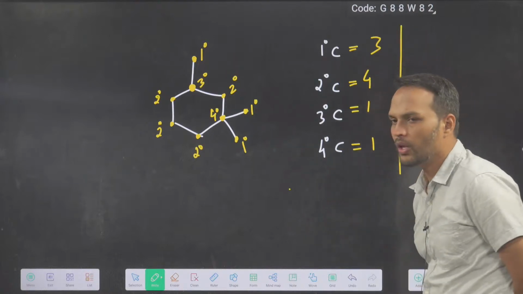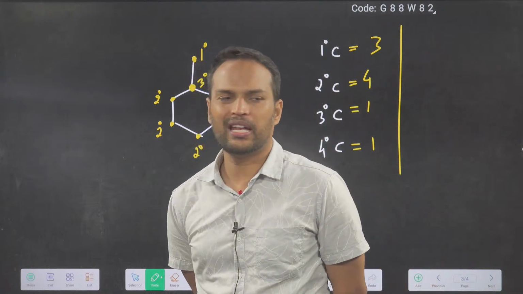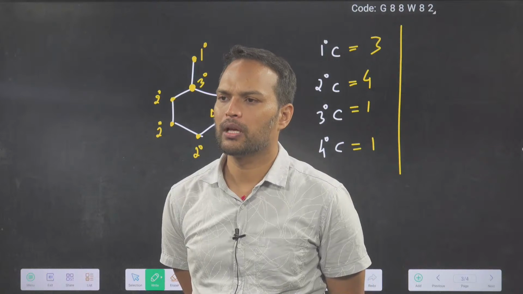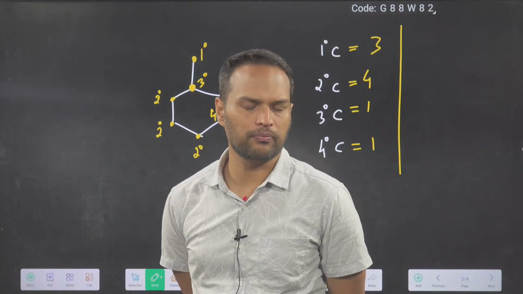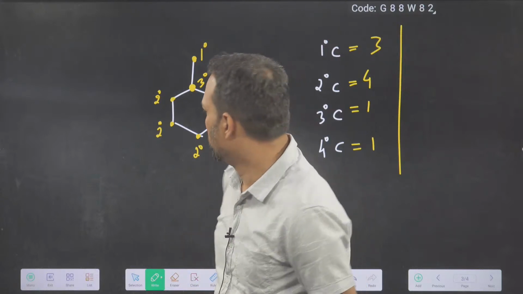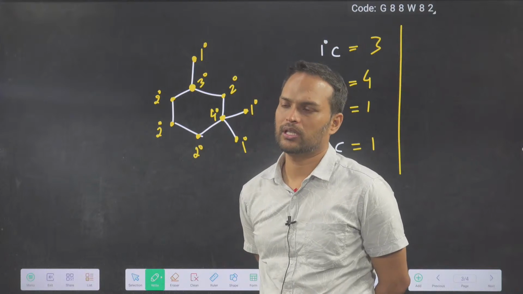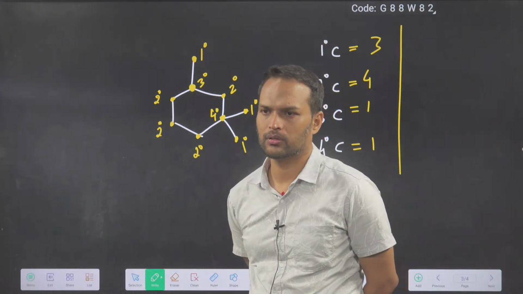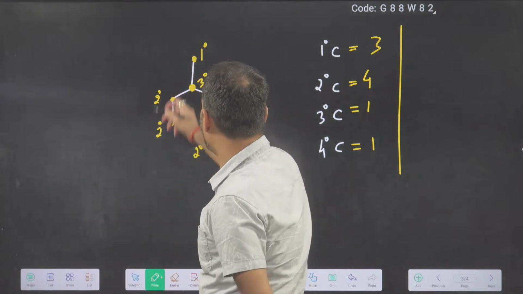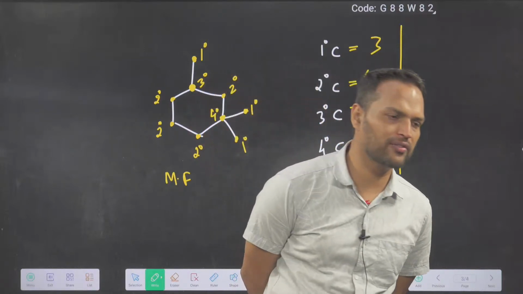Done? Okay. Now let's talk about hydrogen. Whenever we have condensed form or expanded form, hydrogen is visible to us. It is easy to tell. But in bond line, people are not able to know how many hydrogen are there. So first of all, tell me, what is the molecular formula of this compound?